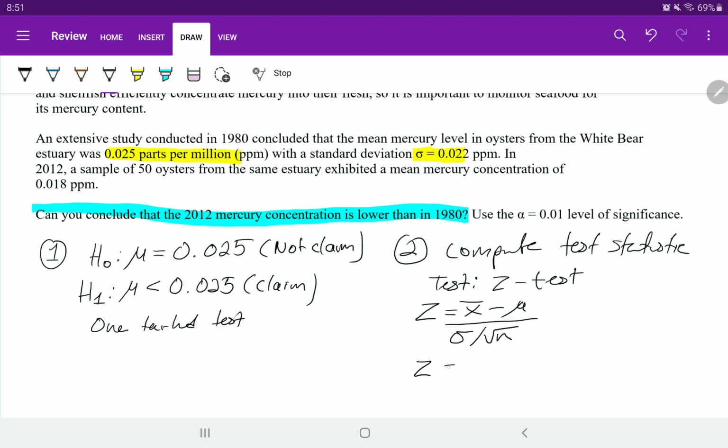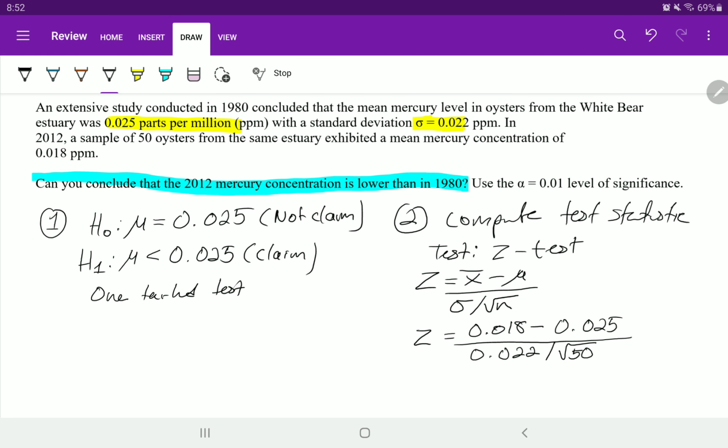So z equals the sample mean, which comes from a sample of 50 oysters, 0.018 parts per million. So 0.018 minus the population mean, which was found in 1980, which is 0.025, divided by our population standard deviation of 0.022, divided by the square root of the sample size, which is 50.